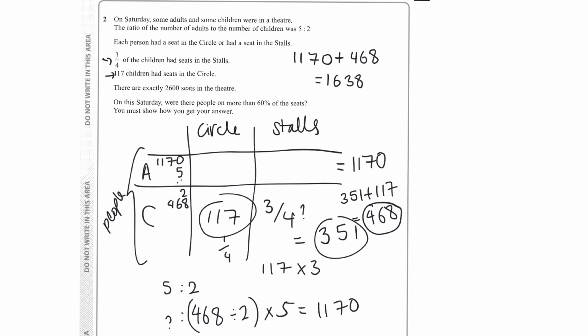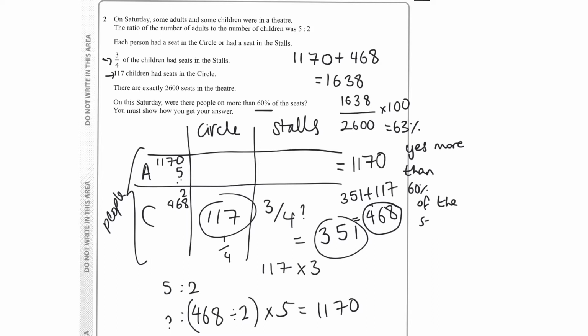So to now work that out as a percentage, you'll do 1,638 divided by 2,600 multiplied by 100, and that would give you a percentage of 63%. So if we know 63% of the seats are occupied, that is more than 60%. So we would say yes, more than 60% of the seats are occupied.